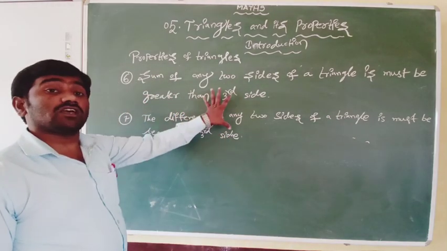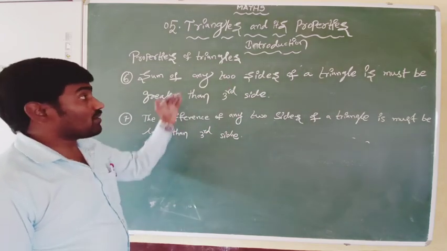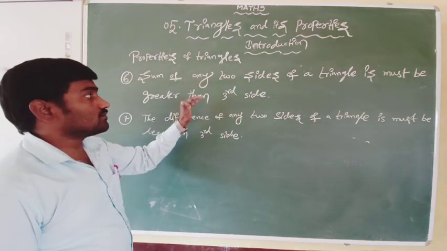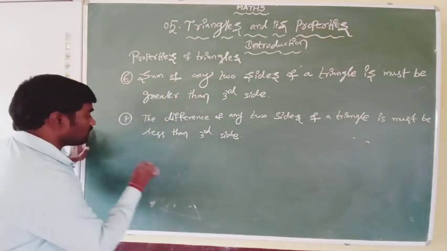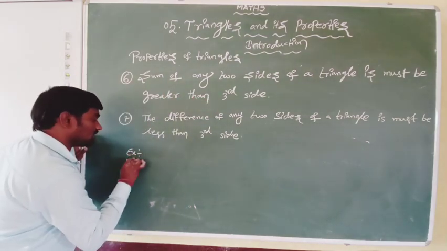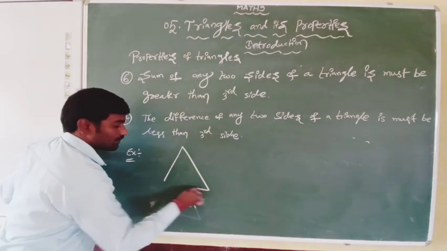So these 2 properties are very, very important. Sum of any 2 sides of a triangle must be greater than the third side. That means, I will give you some examples so that you can understand what I am telling you.